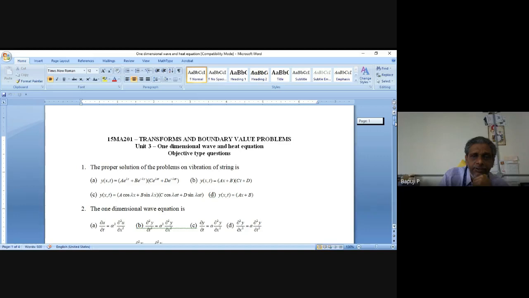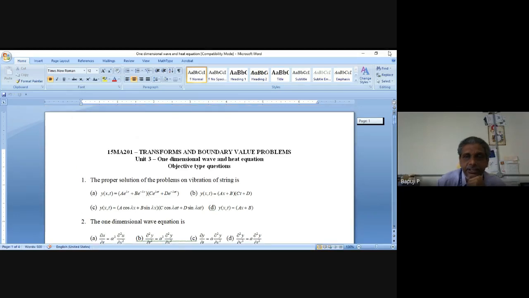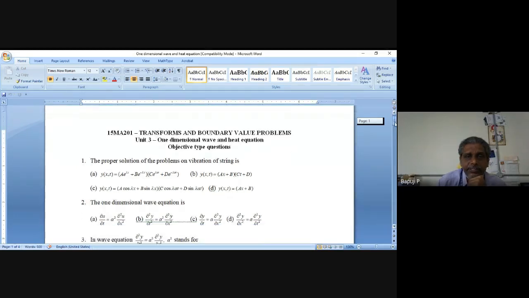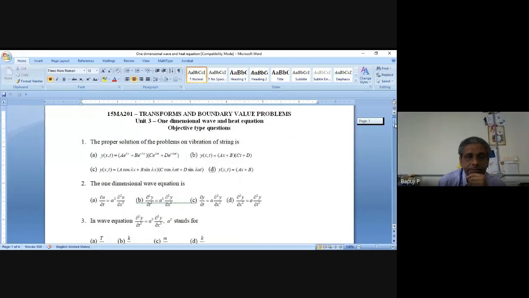Second, one-dimensional wave equation. What is the one-dimensional wave equation among these four equations? B, sir. One-dimensional wave equation is what?